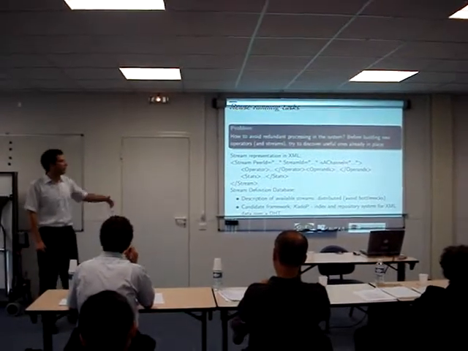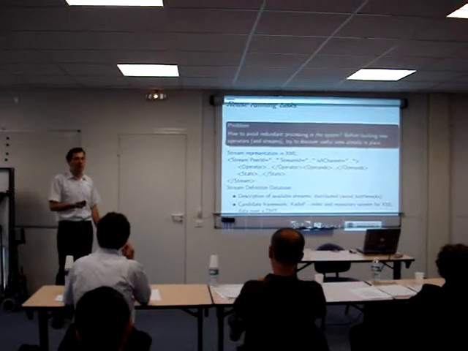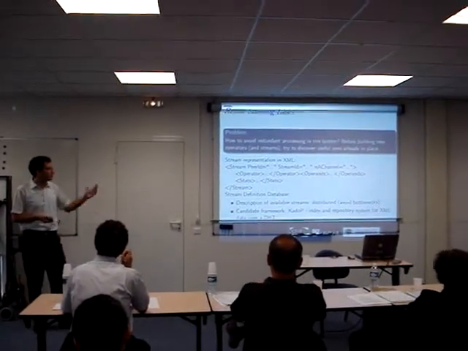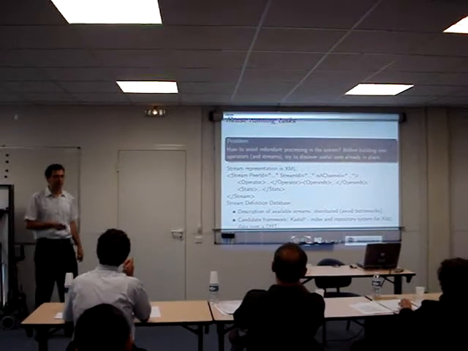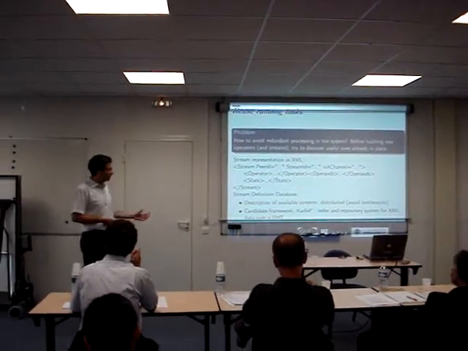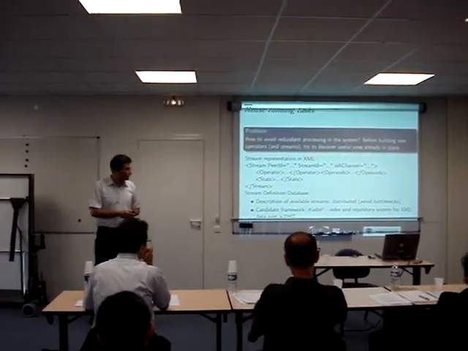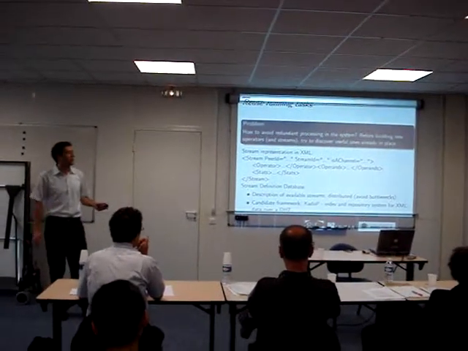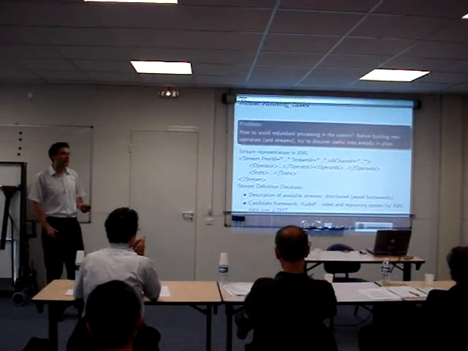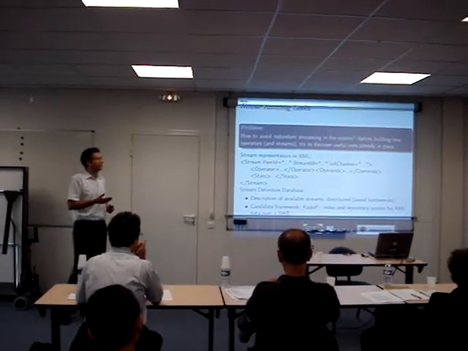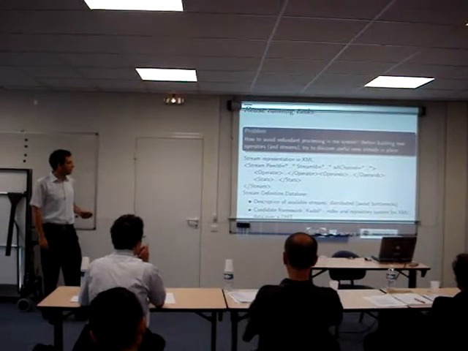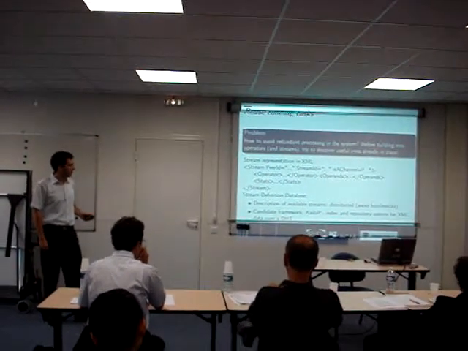So actually we try to add as few new operators as possible to the system. And for this we have to represent what is currently executed in the system. And we use a representation in XML of metadata concerning the streams. This is stored in a stream definition database.